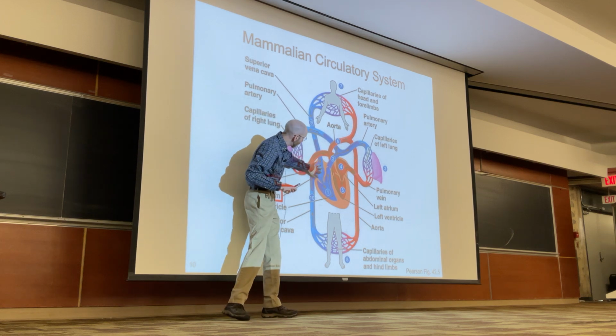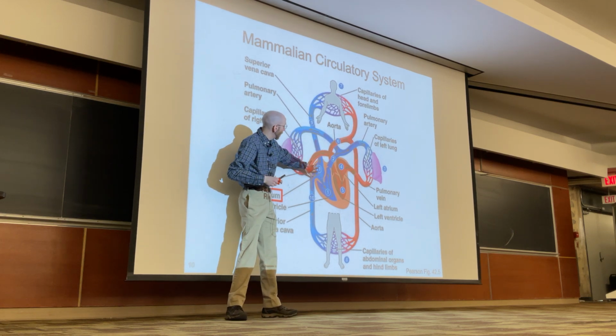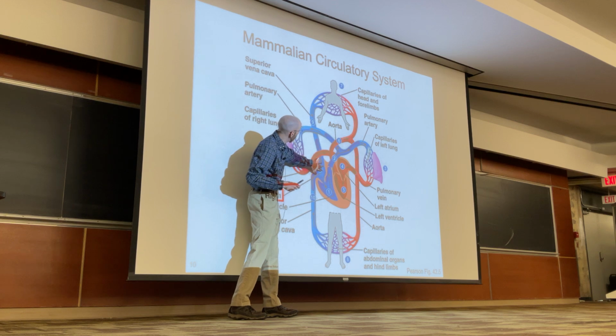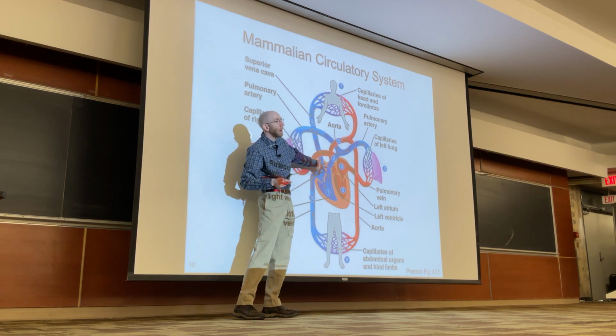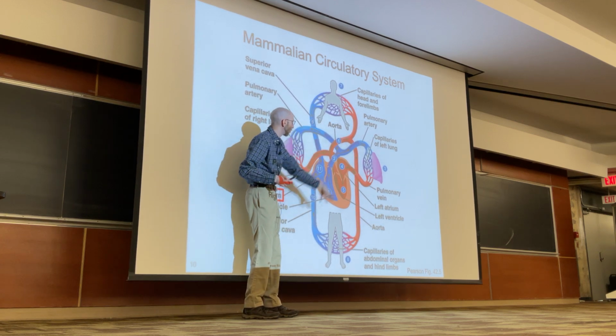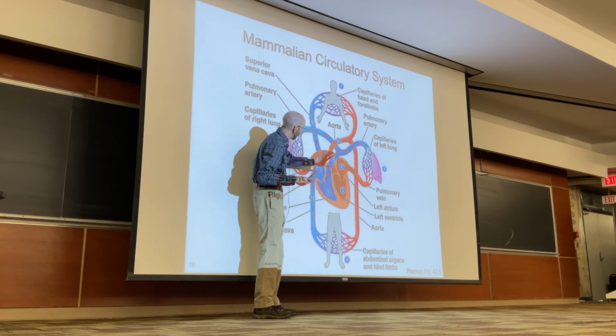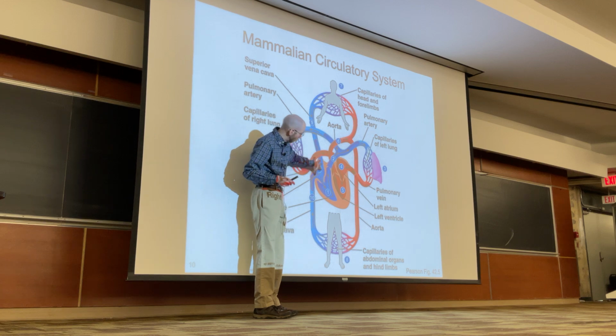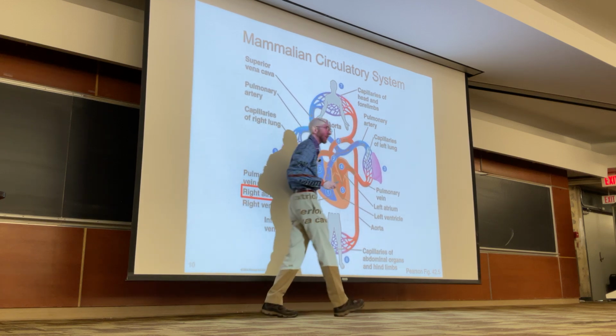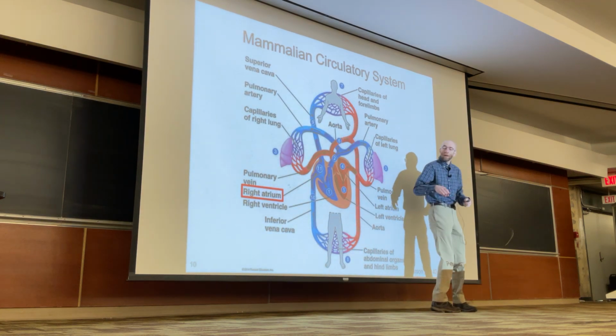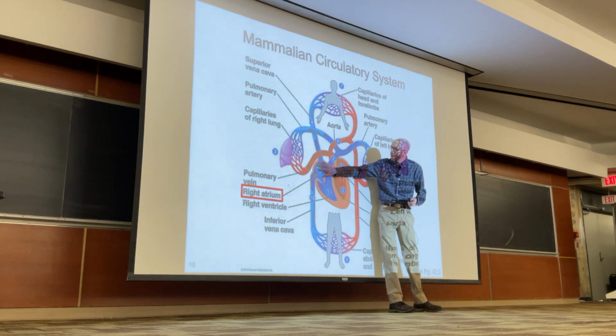So we have the right atrium right here. That's where the blood is going to come in from the systemic circuit. This picture splits it, so you have the lower body and the upper body. That blood is deoxygenated, which blue is just universally shown to indicate. That blood is going to come in to the right atrium.